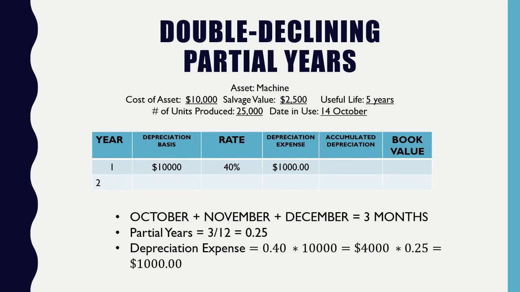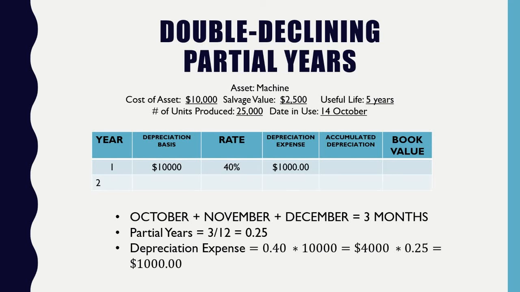Any questions here? So in this case, for my first year, I placed my asset into service on October 14. Therefore, I should only depreciate it for $1,000. Is everyone good here? Okay.